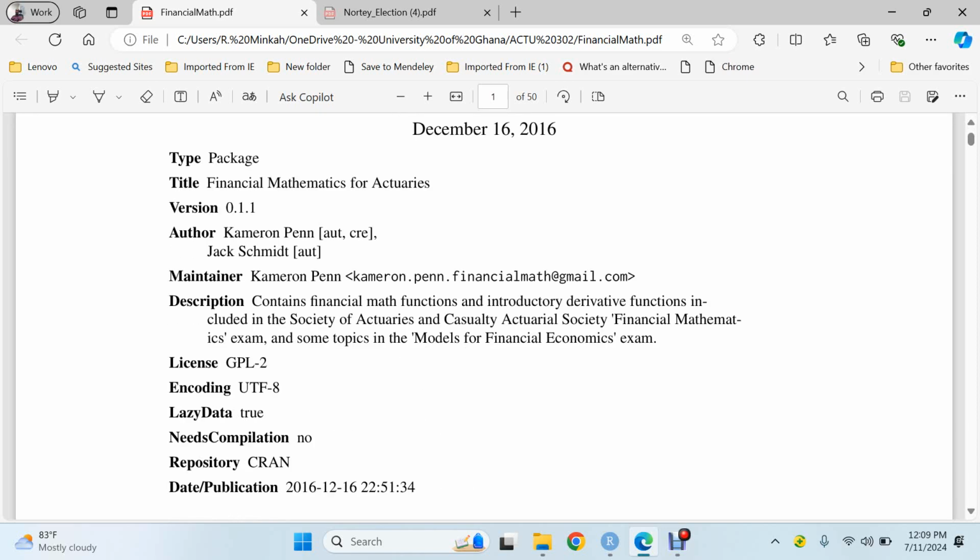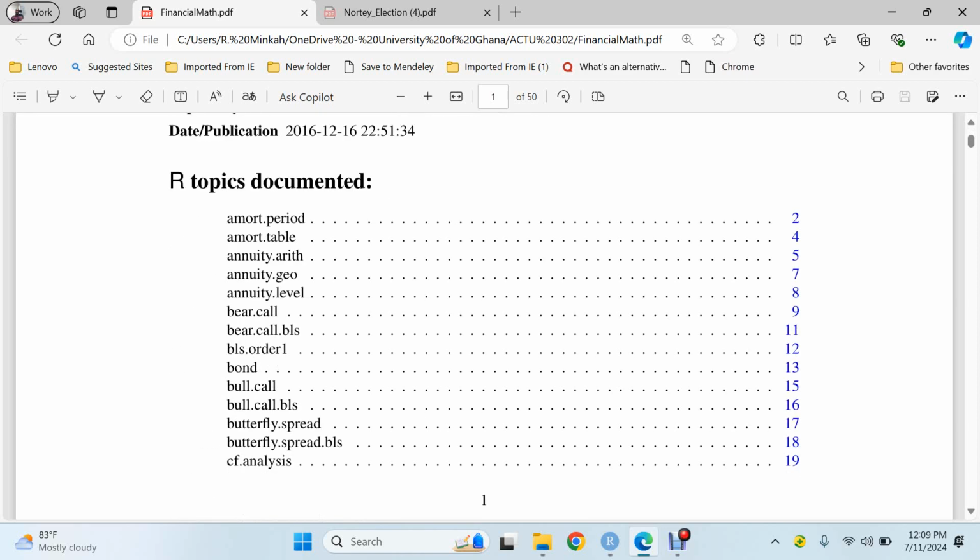If you come to the content, you find amort.period, and it's about amortization, right?